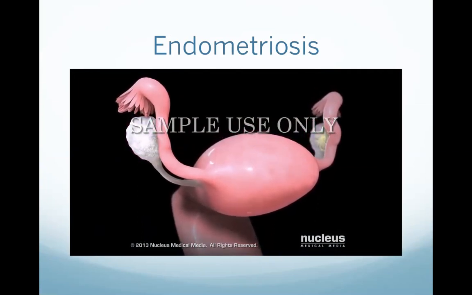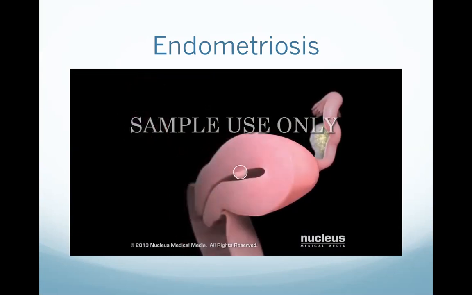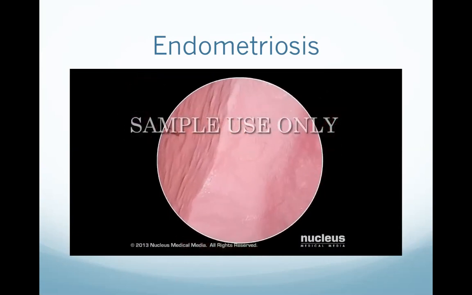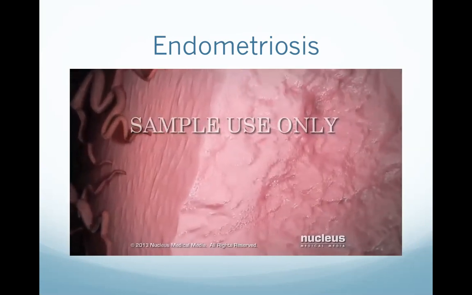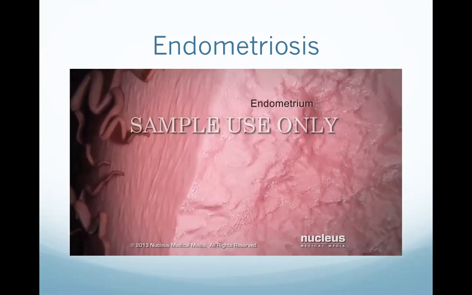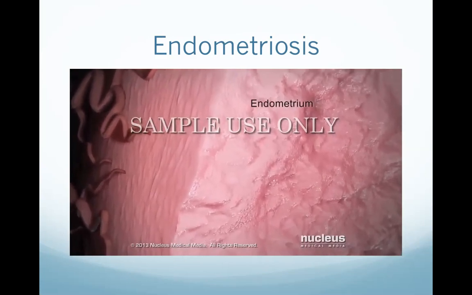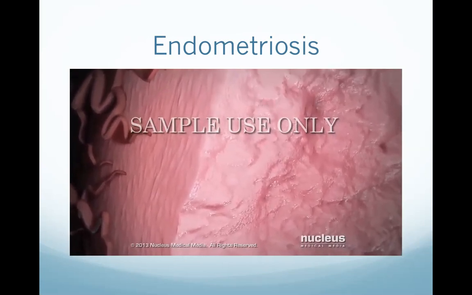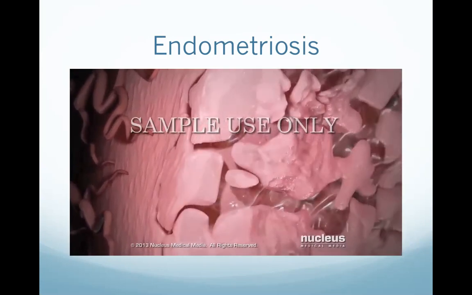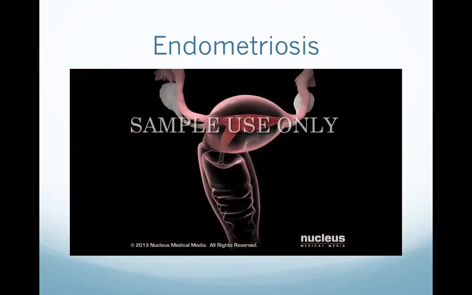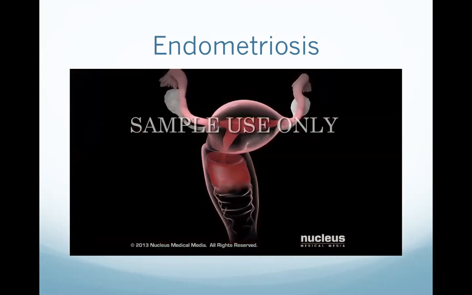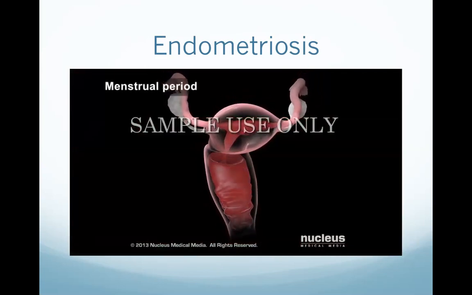During a normal menstrual cycle, your ovaries make chemicals called hormones, which signal the lining of your uterus to thicken. The lining, called the endometrium, builds up to prepare to receive a fertilized egg. If the egg isn't fertilized, the uterus sheds the lining through your vagina. This monthly bleeding is called your menstrual period.